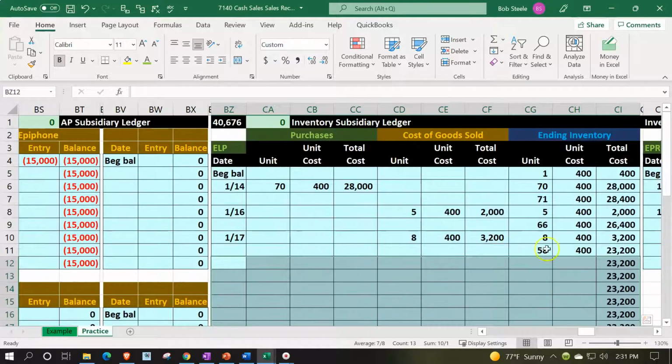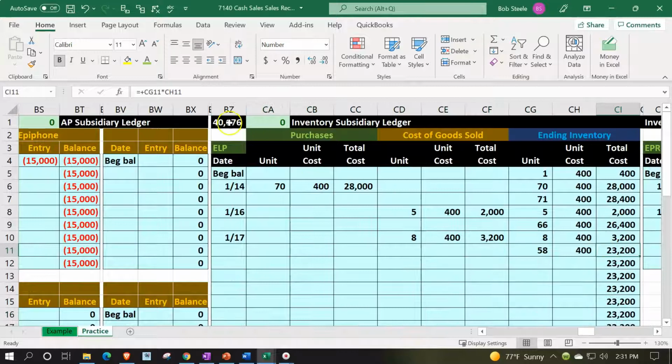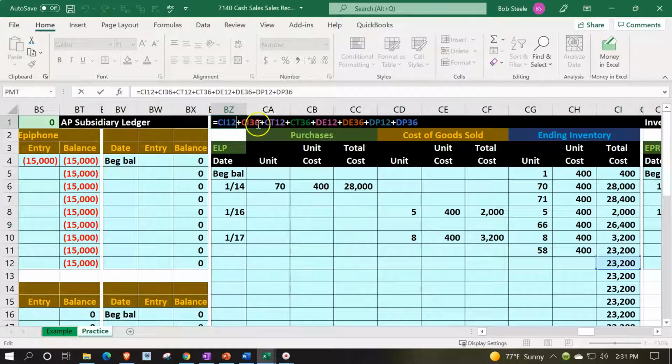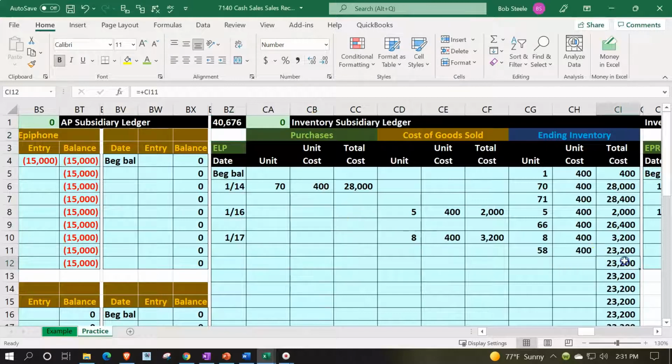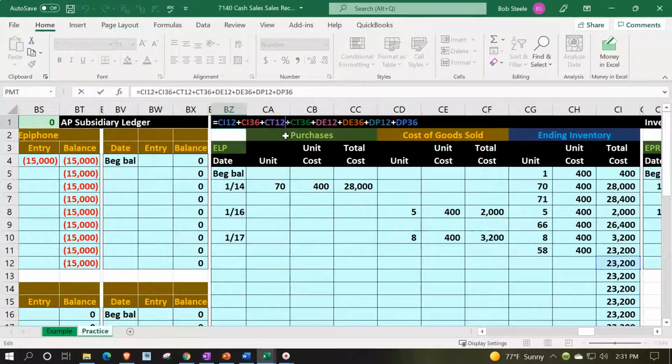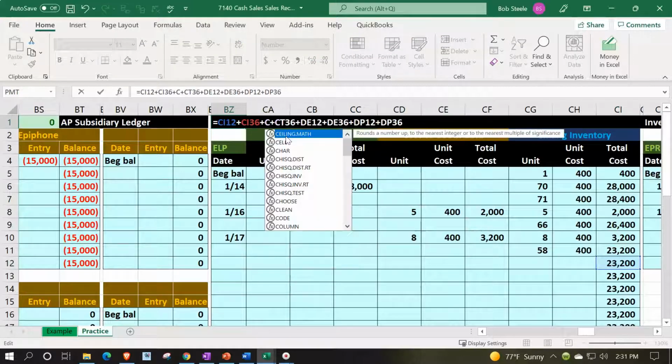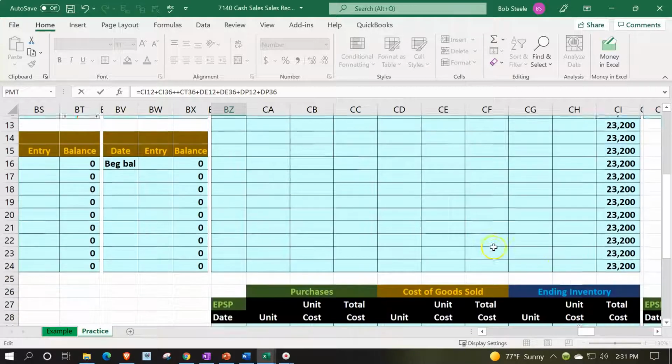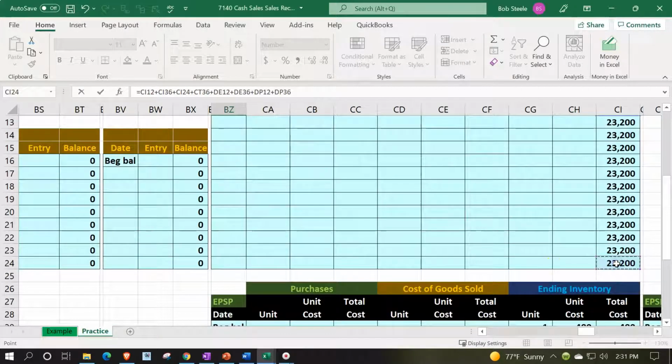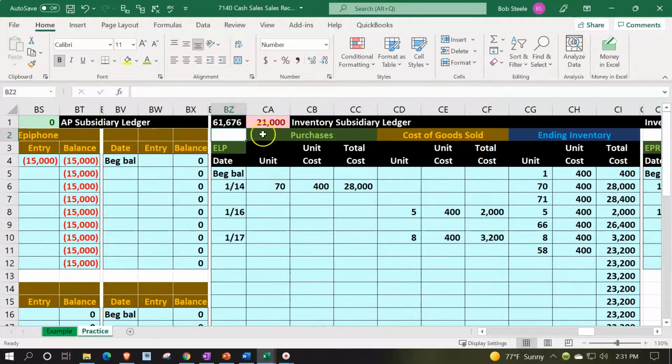That looks good. But now this cell is being represented up here. This cell CI11 is going to be in here. It should be in here somewhere. CI11, or maybe it's CI12. It's picking up CI12, and I don't want it to be CI12 anymore. I want it to go all the way down to the bottom, which is going to be this one. That should keep us in balance here.